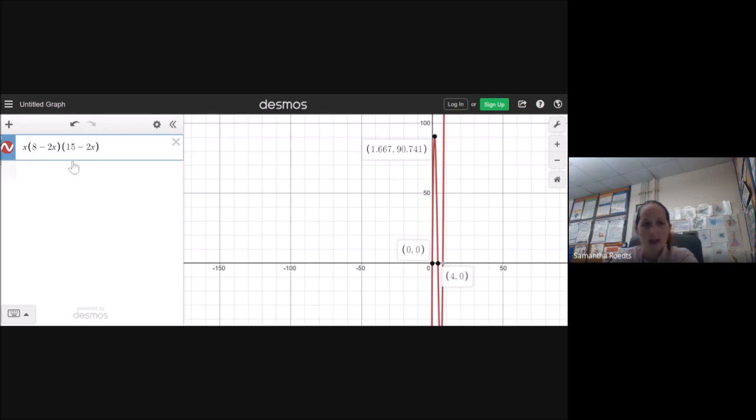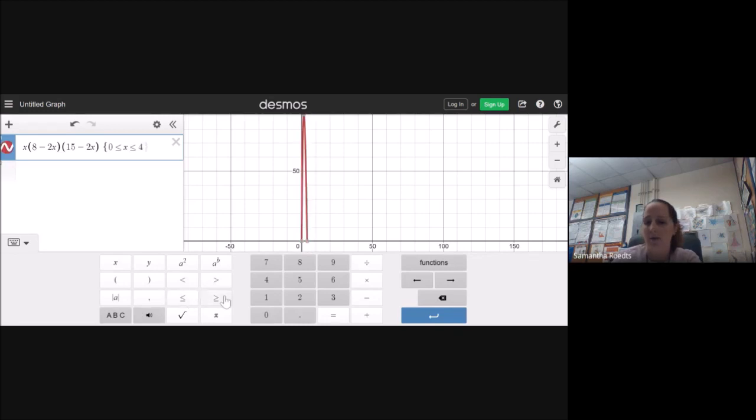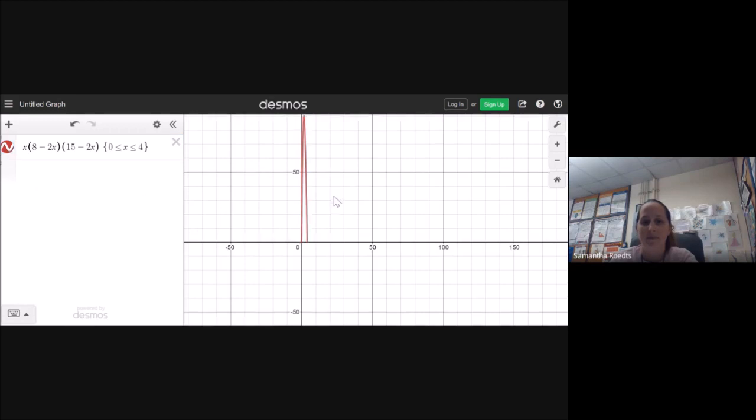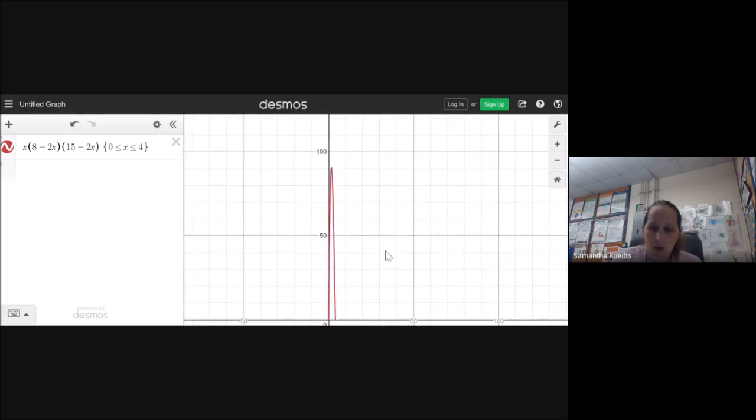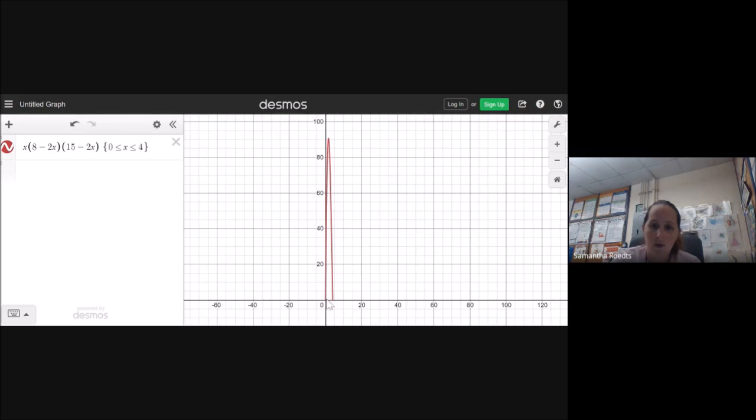Okay, and I'm going to restrict it to 0 is less than or equal to X, which is less than or equal to 4, because it's 0, 2, 4. So it includes all of these values from 0 to 4, because that's my restricted domain. So that's what this looks like.